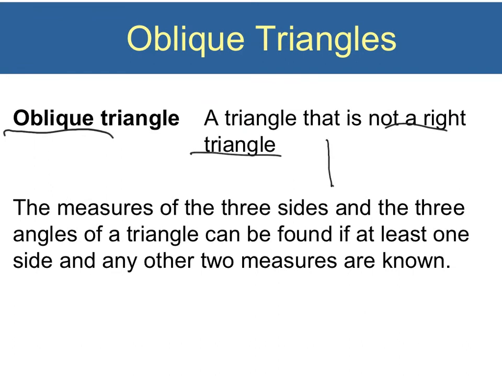An acute triangle just means an acute angle, I should say. You could have 60 degrees, 60 degrees, and 60 degrees. All those angles are acute. Obviously, that's not a right triangle.